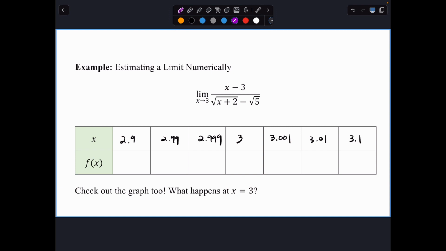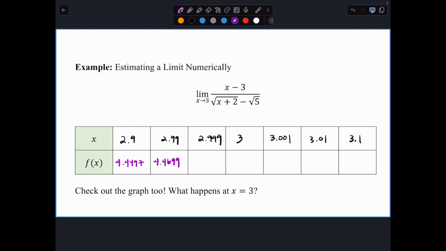So for 2.9, I get 4.4497. For 2.99, I get 4.4699.